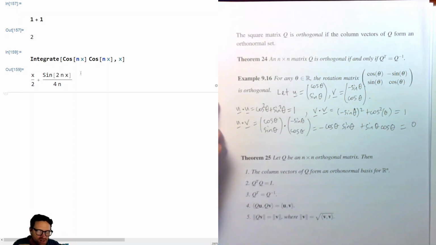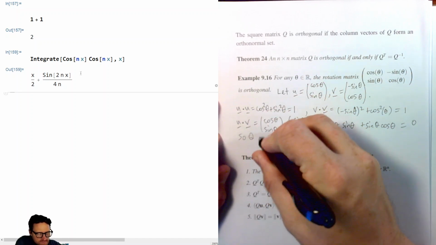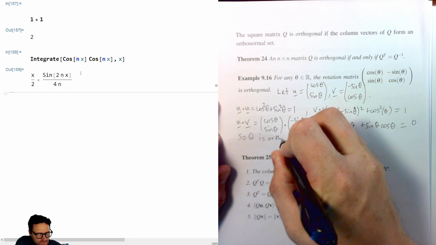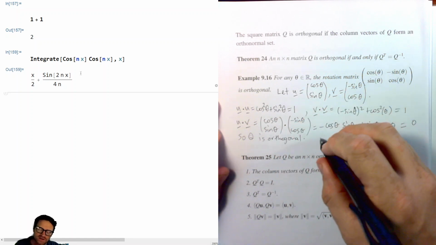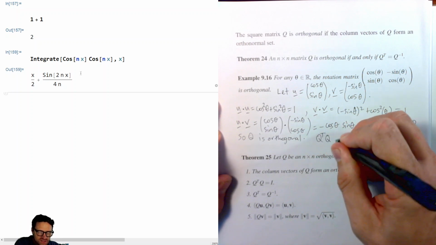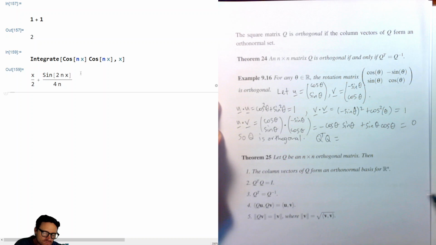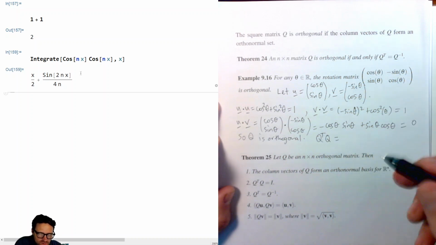Okay, so Q is orthogonal. Furthermore, notice Q transpose times Q. Let's write the transpose so you see what this is.